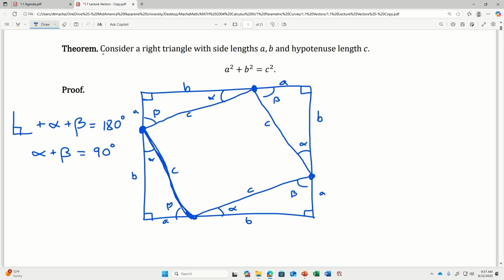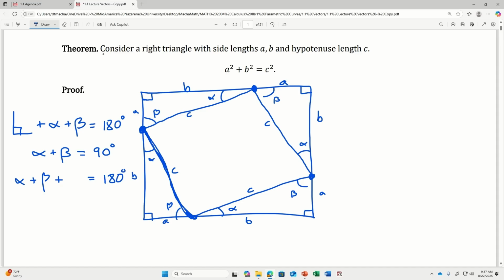Okay, what about these? I think it's complementary angles, right? Like if I have a straight line and I have a number of angles that make up the straight line, I think it's called complementary, I don't know. Right here, I've got alpha plus beta plus some other angle makes a straight line, right? What does that straight line angle have to be? Yeah.